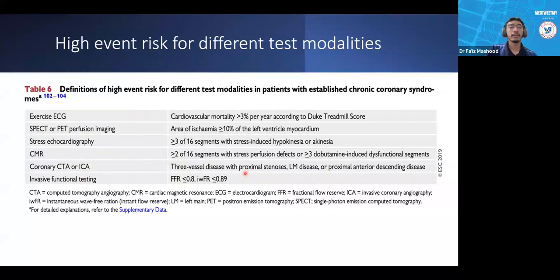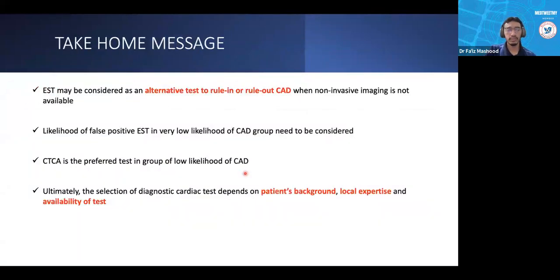All right, so take home message from this topic. EST is considered an alternative test to rule in and rule out CAD. We need to understand that if our patient falls under the very low likelihood of having CAD, doing EST can bring a false positive test.